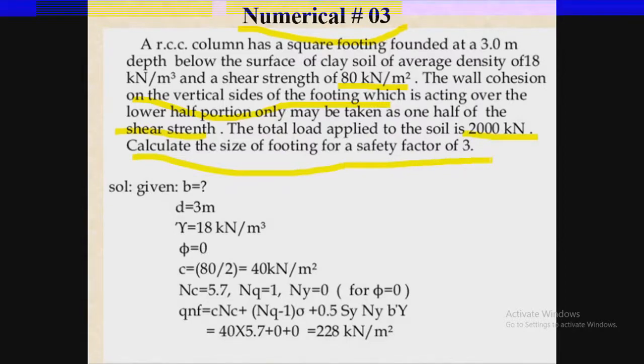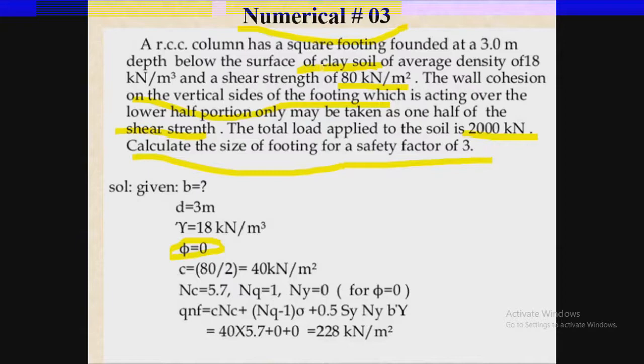Okay, so the previous case was the case of sandy soil in which C was 0, and this case is the case of clay soil in which phi will be equal to 0. You can see over here phi will be equal to 0 because it is a case of clay. In case of clay there will be no phi, and in case of sand, there will be no cohesion.